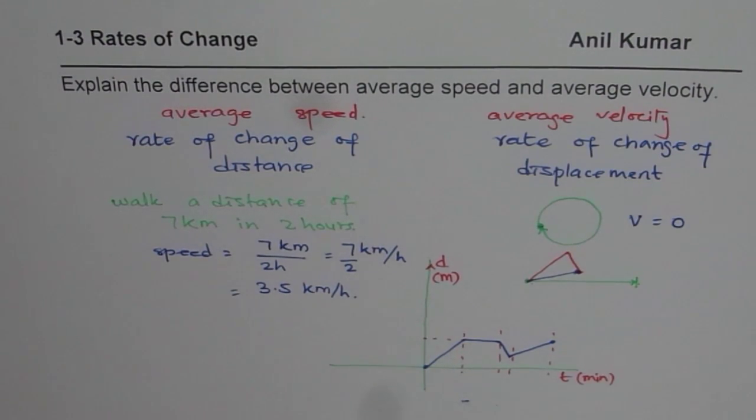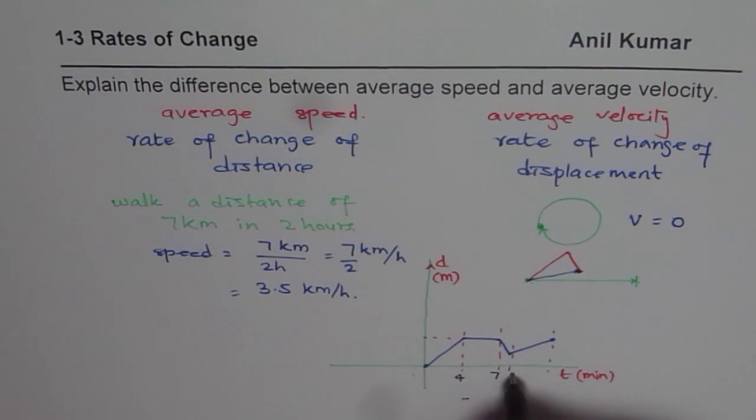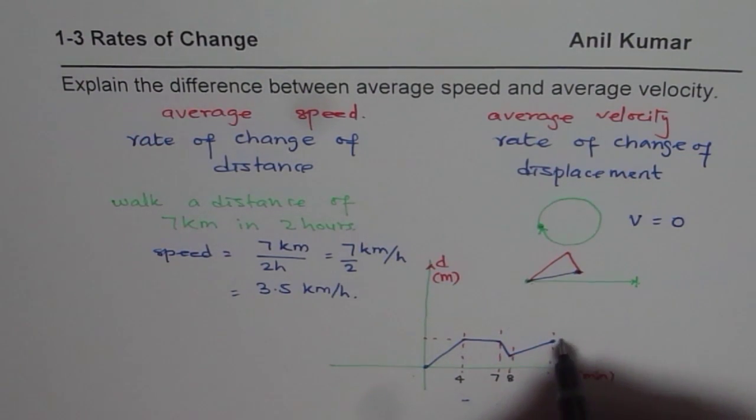To give you some values here, let us say this value here is 4. So for 4 minutes you walk straight, and then you stand there for 3 minutes, that is 7. And then for a minute you rush backwards, and then you follow the path towards the school and reach the school after another 3 minutes, let's say 11.